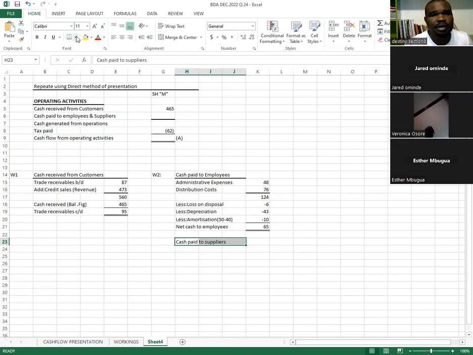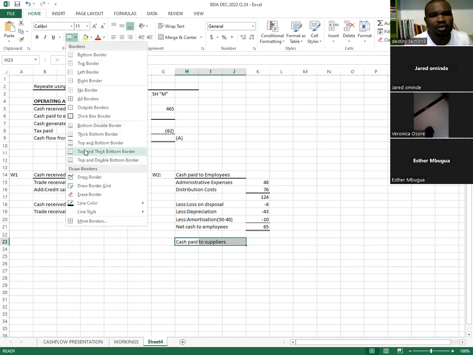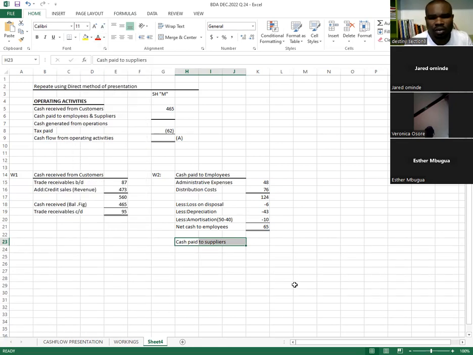So cash paid to suppliers, you start with trade payables. So you say trade payables brought down. Then you add credit purchases.